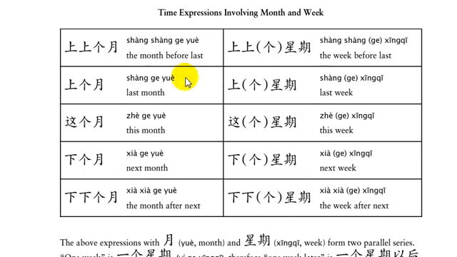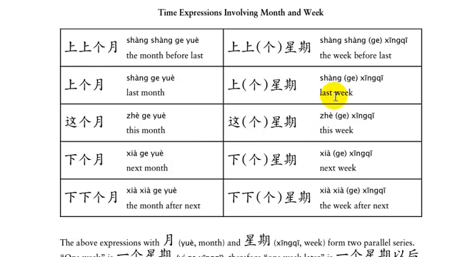This table in the grammar section of your textbook describes various ways of expressing months and weeks. We have the month before last, last month, this month, next month, and the month after next. And the week before last, last week, this week, next week, and the week after next. The middle row is our reference point, this month and this week.